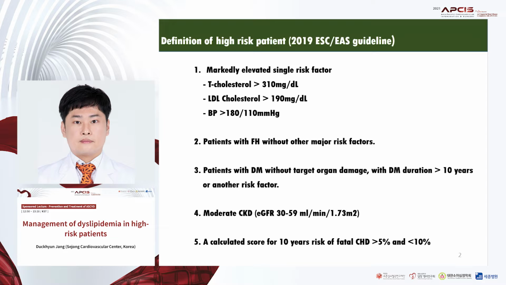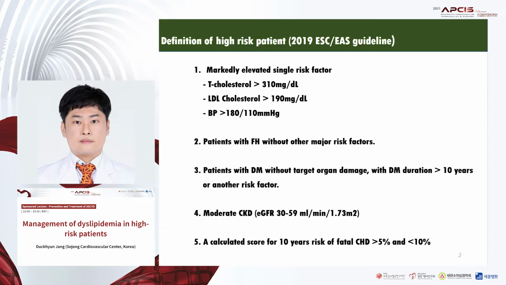First, markedly elevated single risk factor, such as more than 310 milligram per deciliter in total cholesterol, or more than 190 milligram per deciliter in LDL cholesterol, or more than 180 over 110 millimeters of mercury in blood pressure.